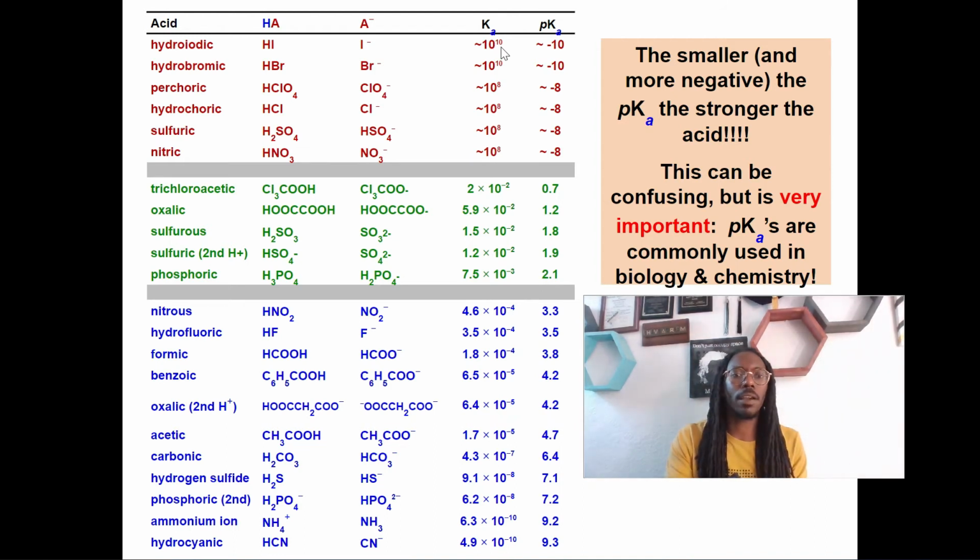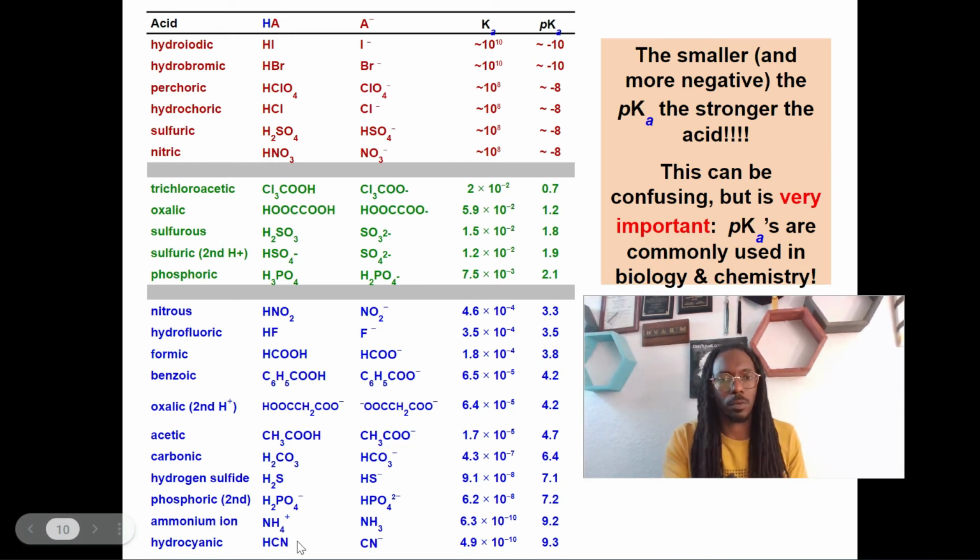So if we go to the very end, on the other end of the spectrum, let's go to hydrocyanic acid. We can see that it's HCN, and the conjugate base, without the H plus, is going to be CN. In this case, our Ka is 4.9 times 10 to the negative 10.